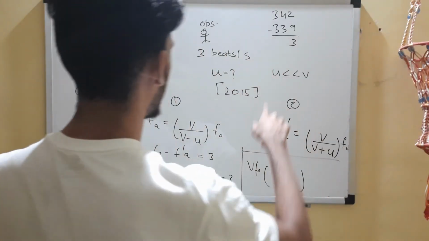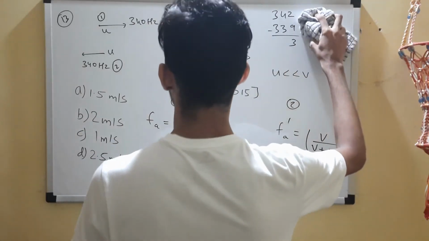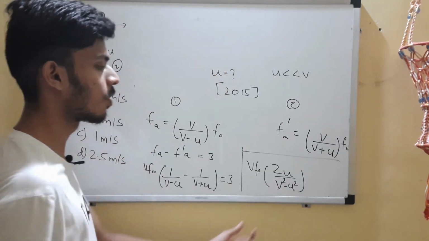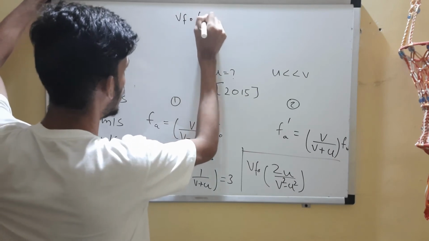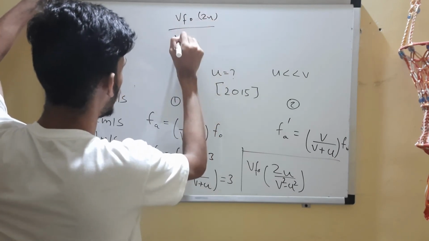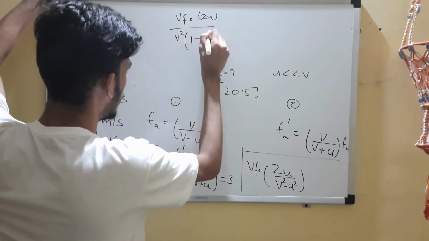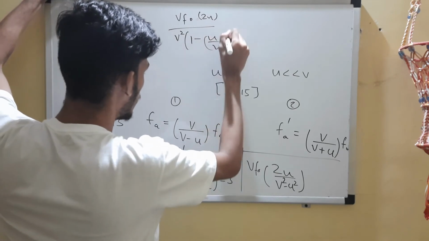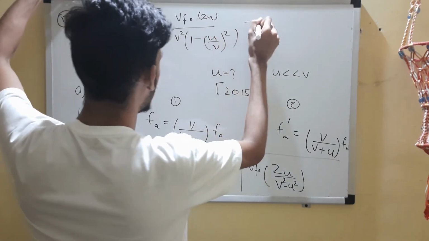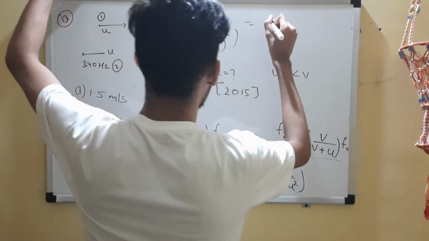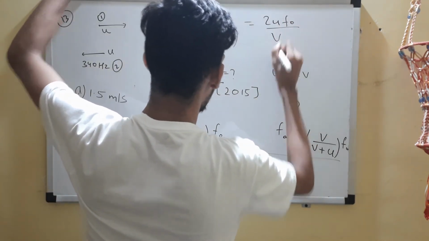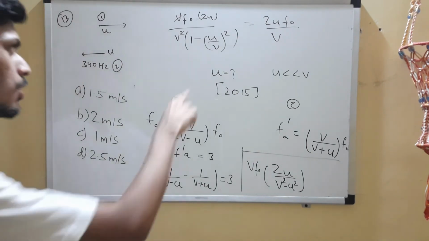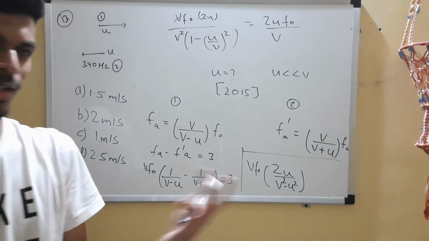I need some more space to solve it. Now remember this assumption, we are going to use it somewhere. Now I'll take V square common in the denominator, so I'll get V f naught into 2U divided by V square common in the denominator, 1 minus U by V the whole square. So this V and V can get cancelled, so you get 2U f naught by V. Now you can see that this ratio U by V is almost 0, right?